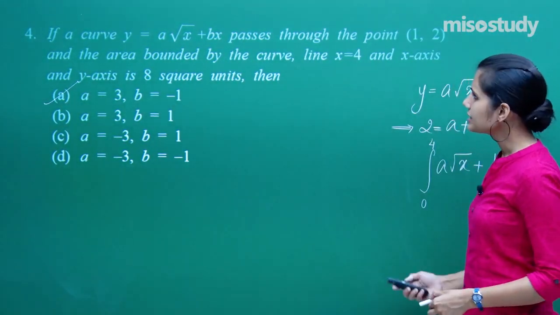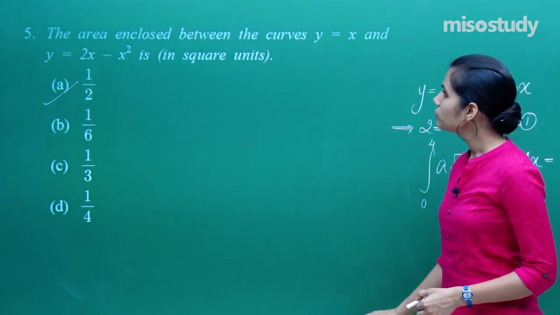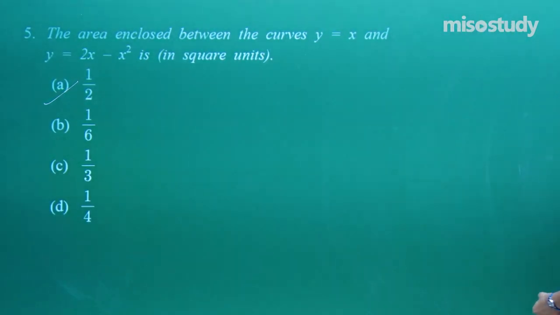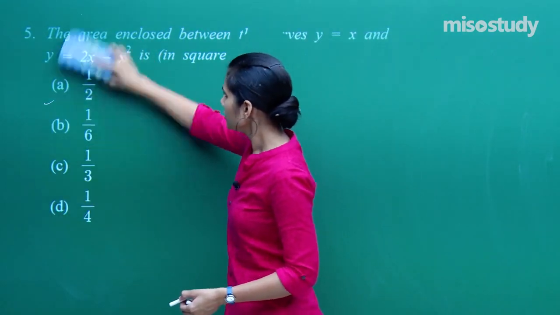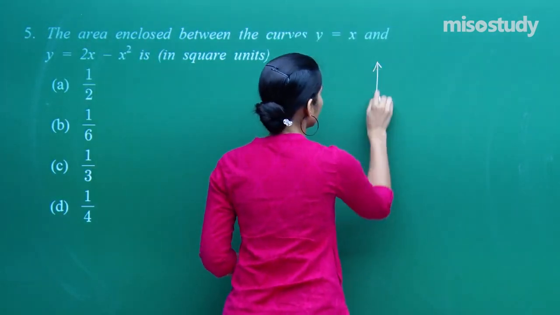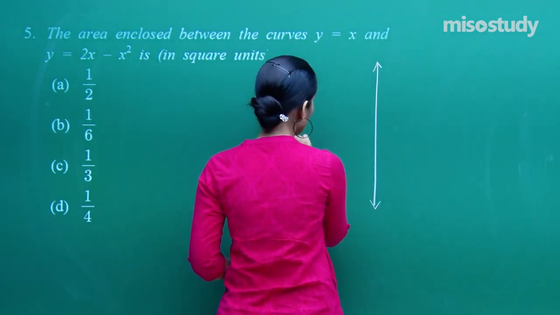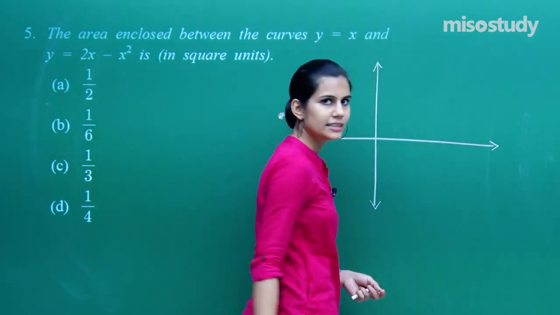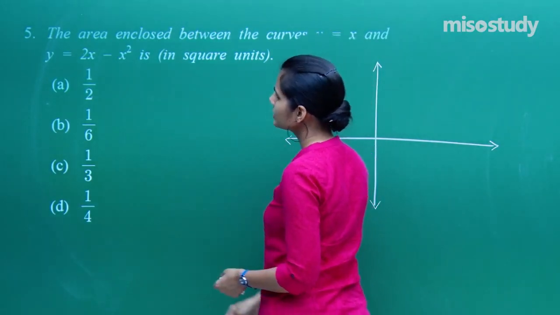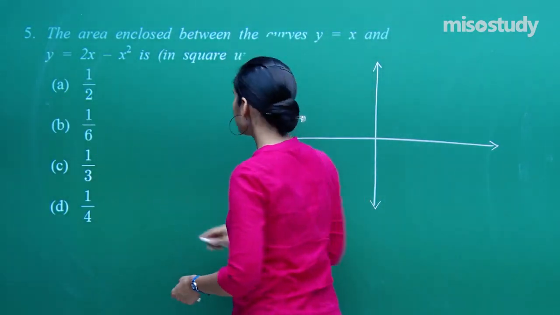Next question says, area enclosed between this curve and this curve in square units is what? Pretty simple, two curves are being given over here. We know how to plot them, right? Let's begin. We have learnt in quadratic equations how to get this parabola, y equals 2x minus x squared. When you put x equals 0, you get y equals 0.